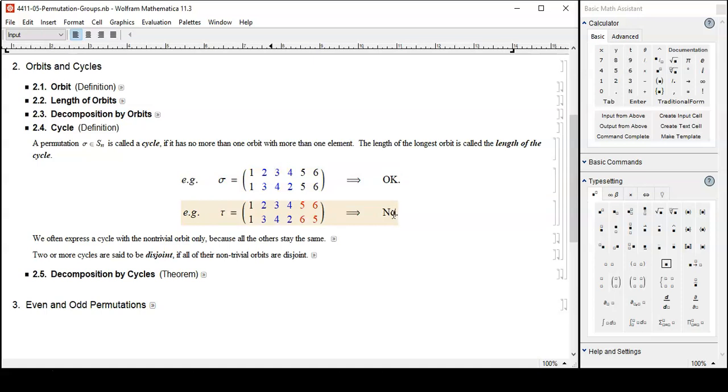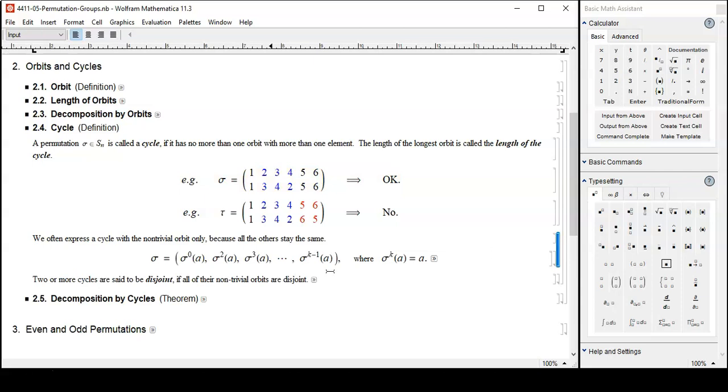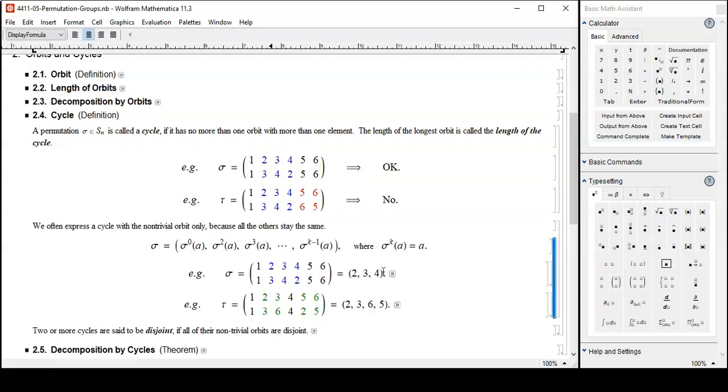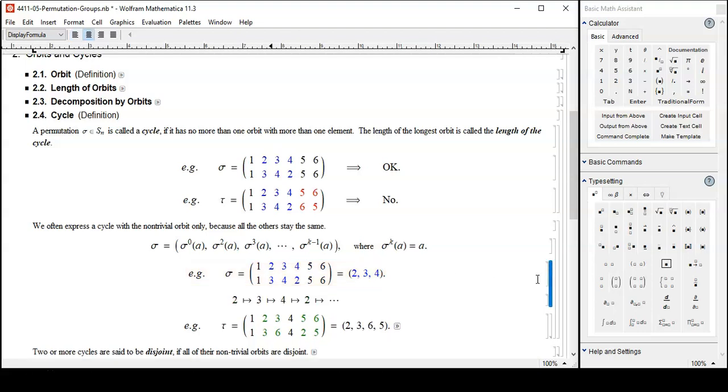We often express a cycle with non-trivial parts only. So here, just throw away 5, 6, and 1, and just write 2, 3, 4 like this. So the blue part only. 2, 3, 4. So 2 goes to 3, 3 goes to 4, and then 4 comes back to 2, and then go back again. Same thing repeats.